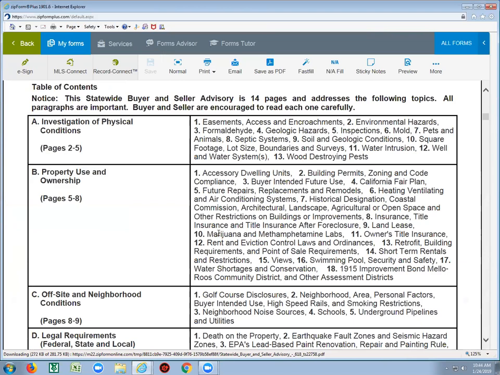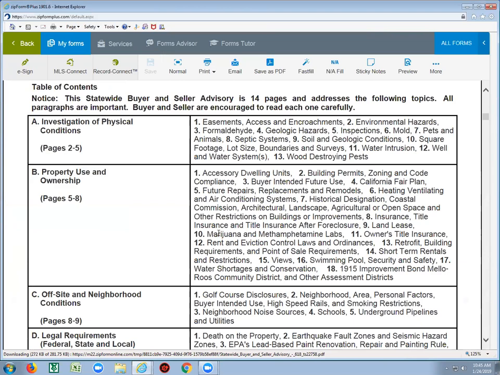So you cannot say you rely on something and it's always there. The city can change anytime. That's why with the building permit, zoning, code compliance, and buyer's intended future use, you have to double check with the county or city. Don't assume.